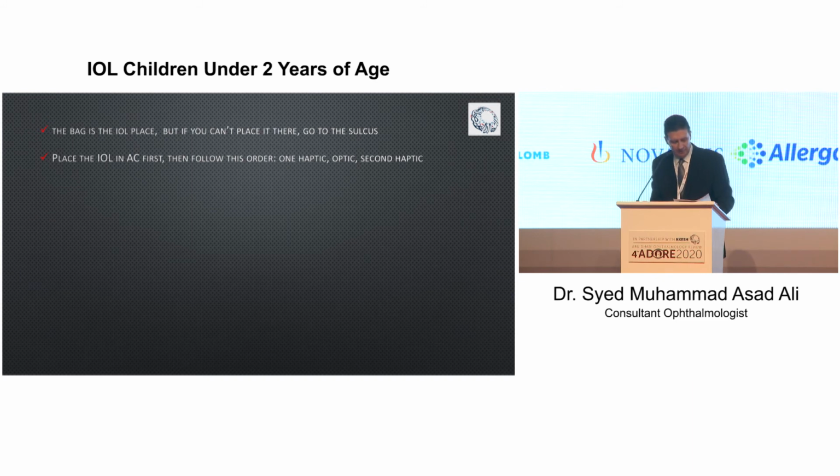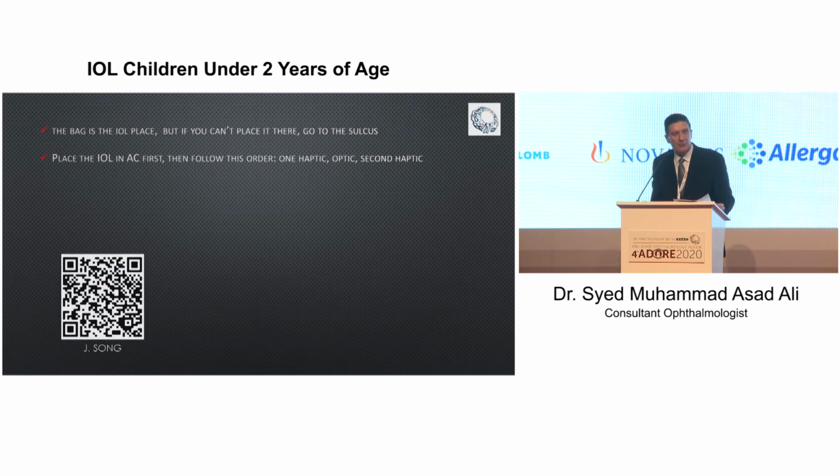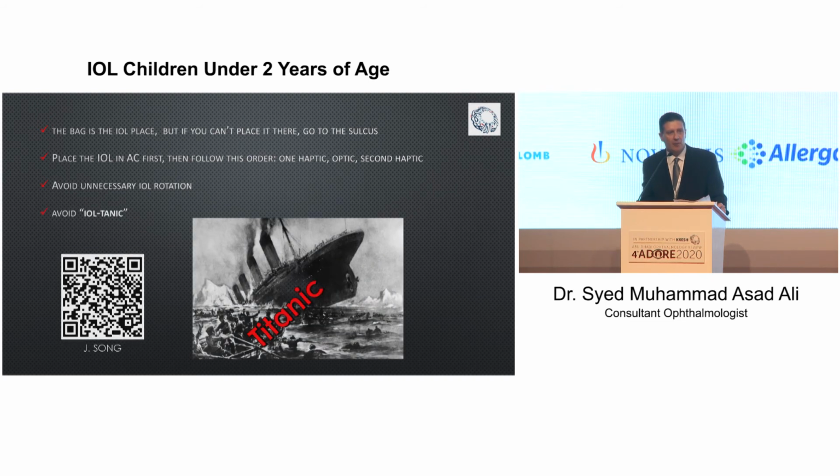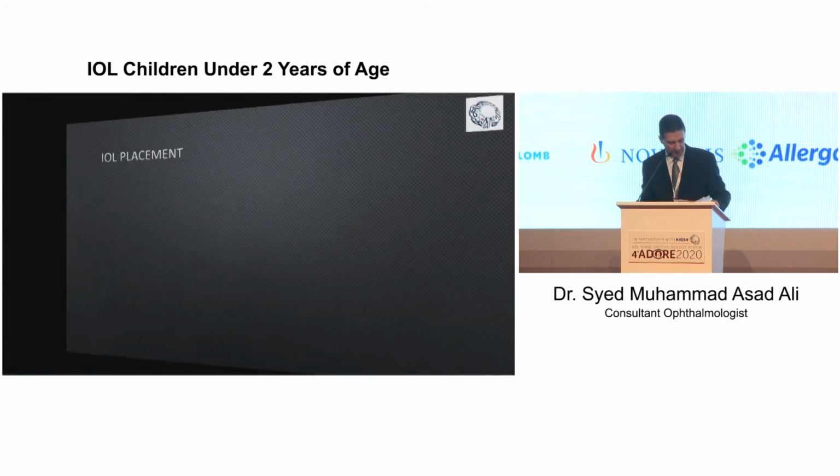Go to the sulcus, use a 3-piece foldable IOL. First, place the IOL in the AC. Second, insert 1 optic and check it. Third, insert the second optic and check it. Avoid IOL rotations and, the most important, avoid IOL tilt.